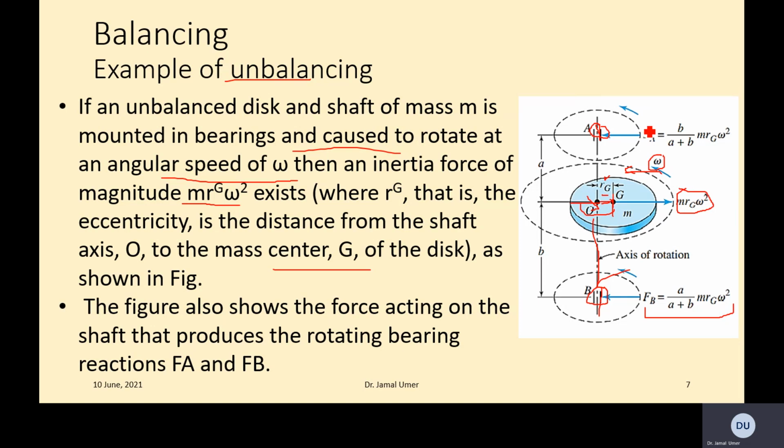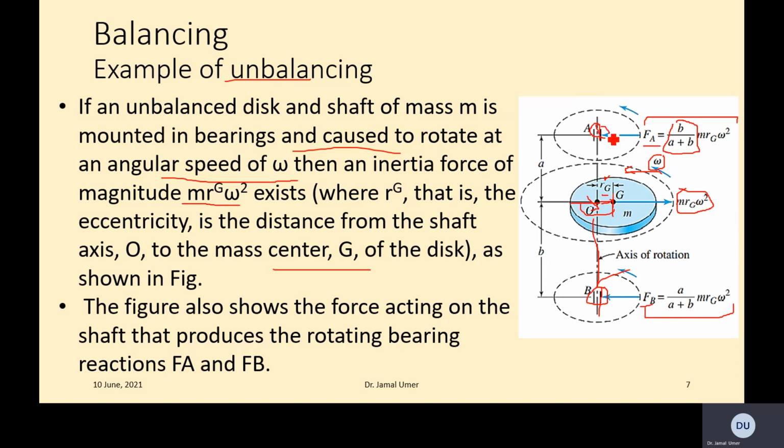And this extra loading can be solved very easily by using the principles of a simply supported beam with a point load. So this formula is the ratio which comes up. This is FA. So part of the force is going towards A, bearing A, the support A, and part of it is going to B. If you are familiar with the bending moment and shear force diagrams for the analysis of a simply supported beam, you would be very confident doing that.